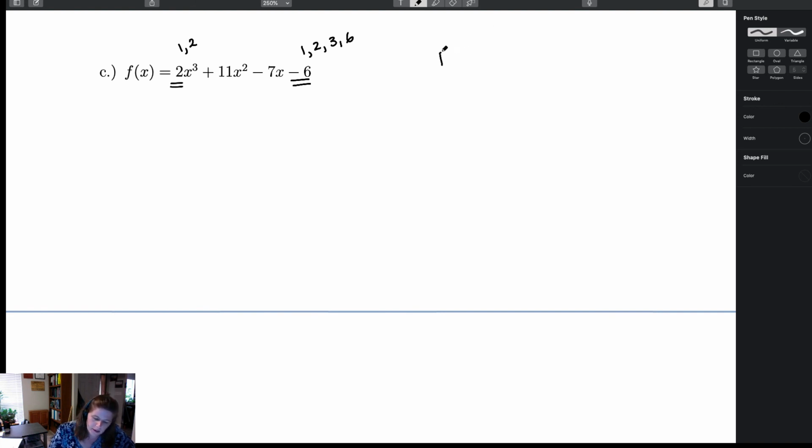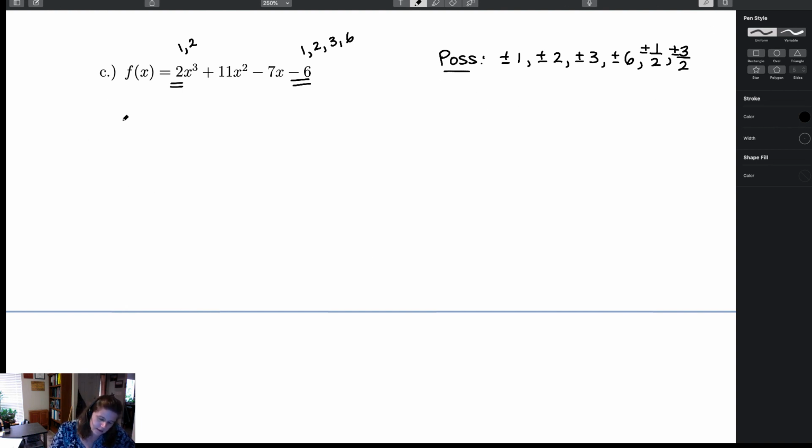So my possible options: plus and minus 1, plus and minus 2, 3, 6, 1/2. 2 halves gives me 1. 3 halves is a new one. 6 halves gives me 3. So those are my possible zeros.